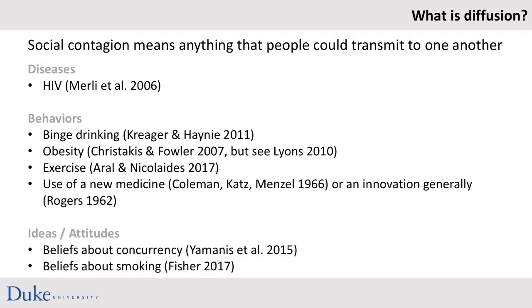But we've also come to think of this in terms of behaviors or innovations or other concrete activities that people might begin to take up as a result of their friends. This Krieger and Haney paper was looking at binge drinking. If your romantic partner's friends take up drinking, then you're more likely to take it up, presumably because your partners do what their friends start to do, and then you do what your partner starts to do.